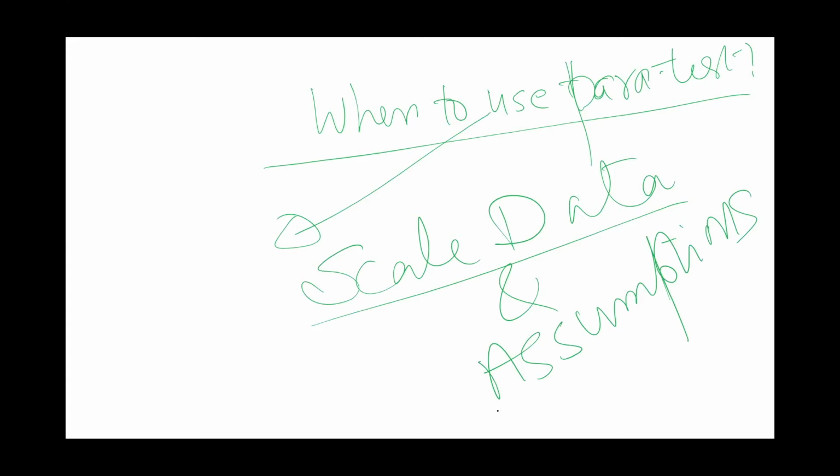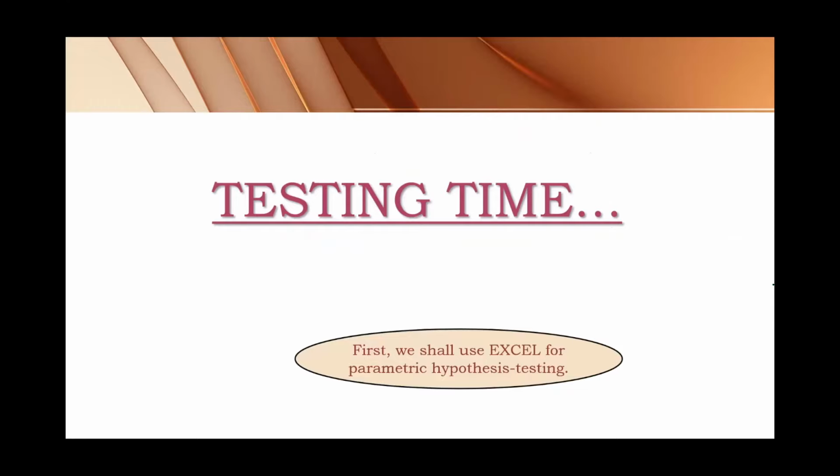If the assumptions are not true, then you cannot use your parametric test. Okay, is that clear? Any other question? Any other doubt? Anybody else? Okay, so friends, I'm not getting any questions, so let's start with it.